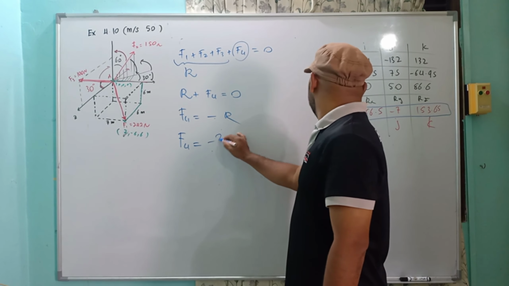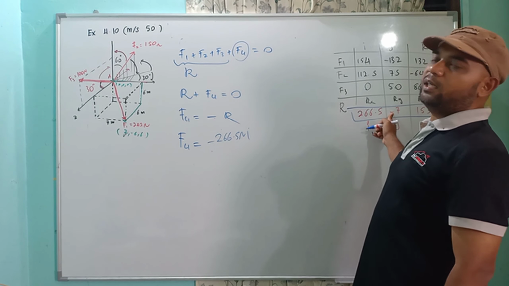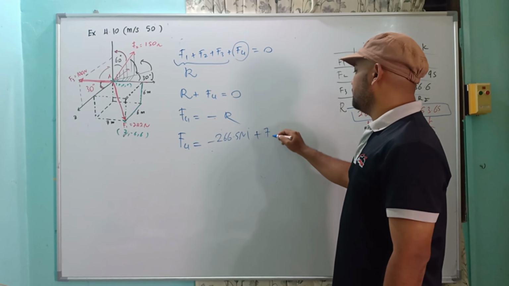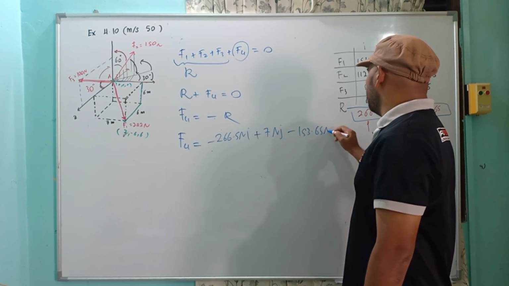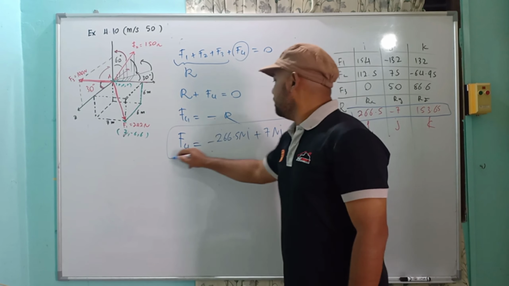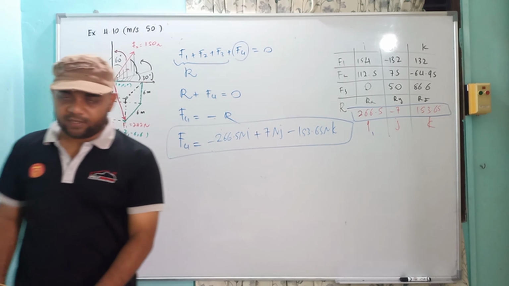So negative 266.5 Newton i, positive 7 Newton j, minus 153.65 Newton k. So you have the answer.